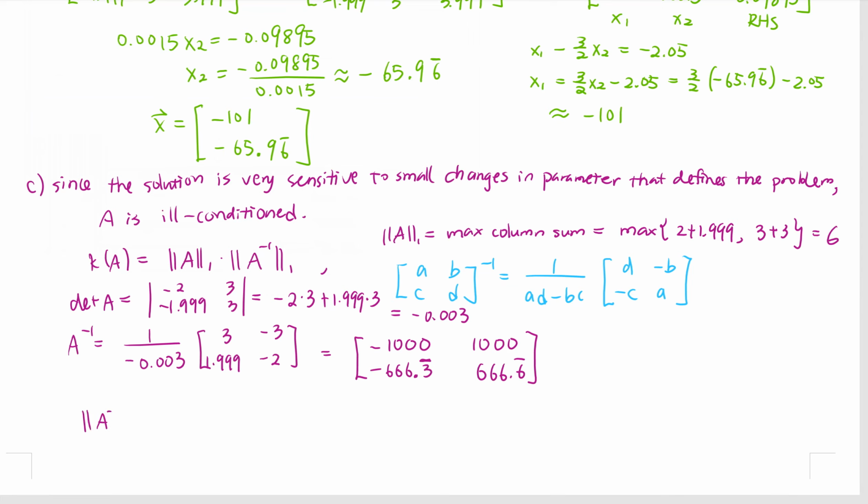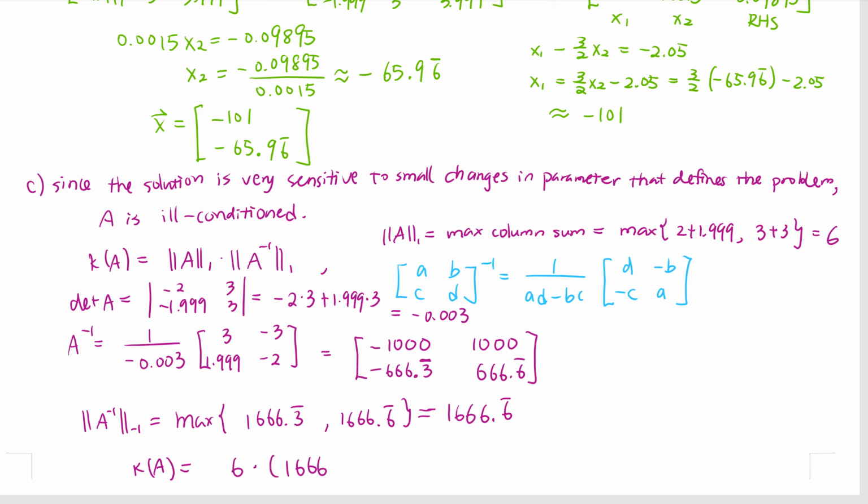Then, what's the L1 norm of the inverse? Well, the maximum of the column sum. So 1000 plus 666.3 is 1666.3, and the other one is 1666.6. Of course, the bigger one is 1666.6. So the condition number is 6 times 1666.6.